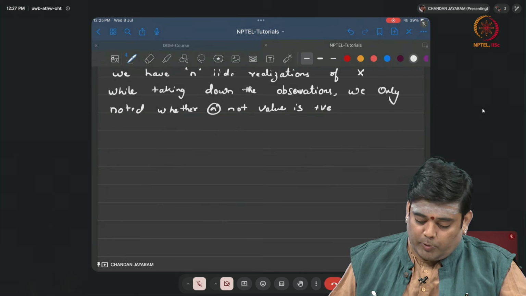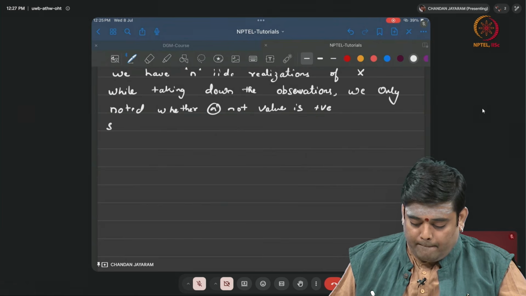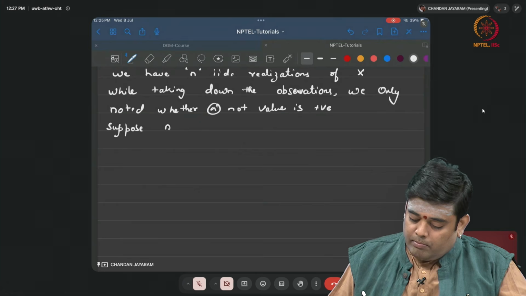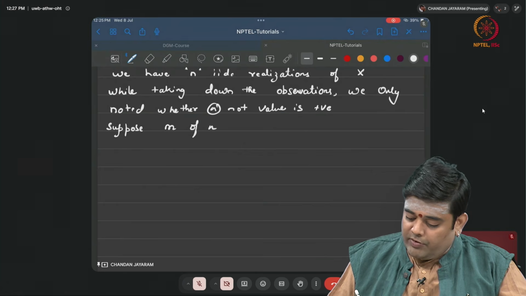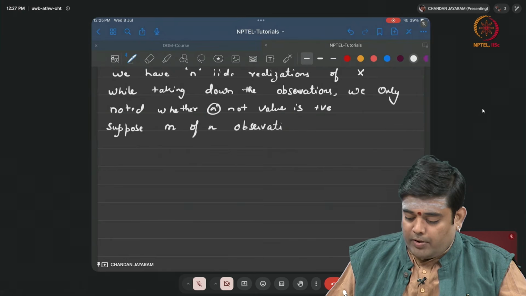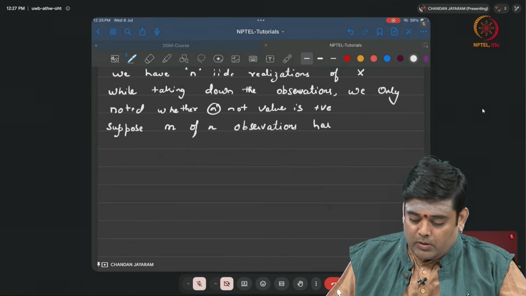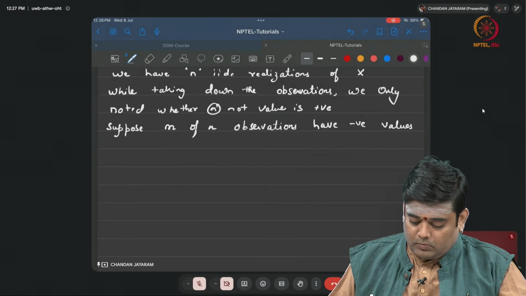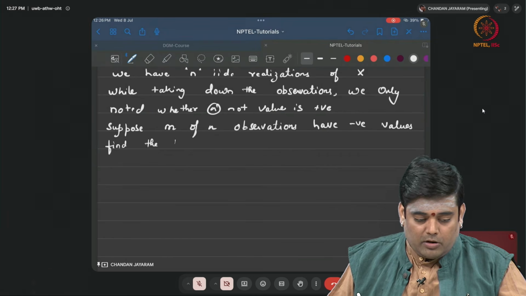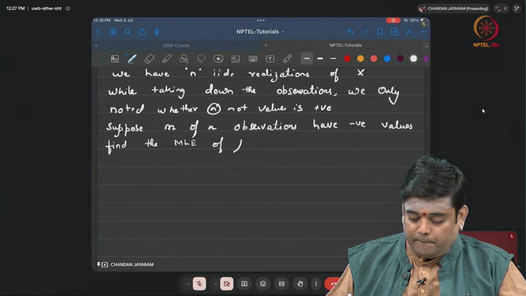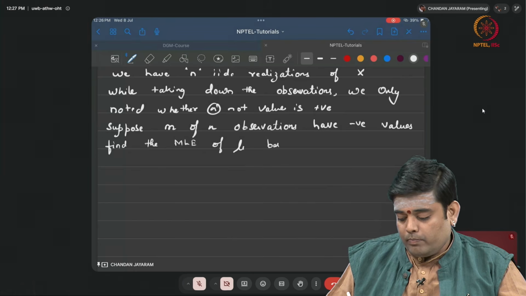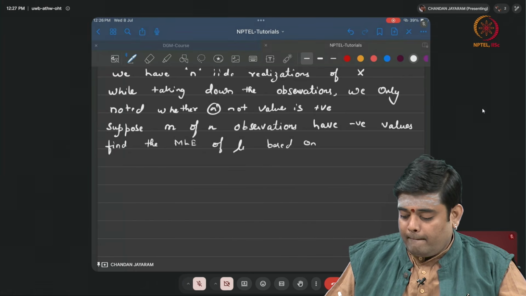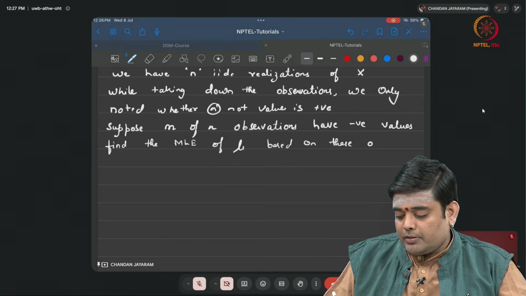Now suppose m of the n observations that we have recorded have negative values. Find the maximum likelihood estimate of the parameter mu based on these observations.